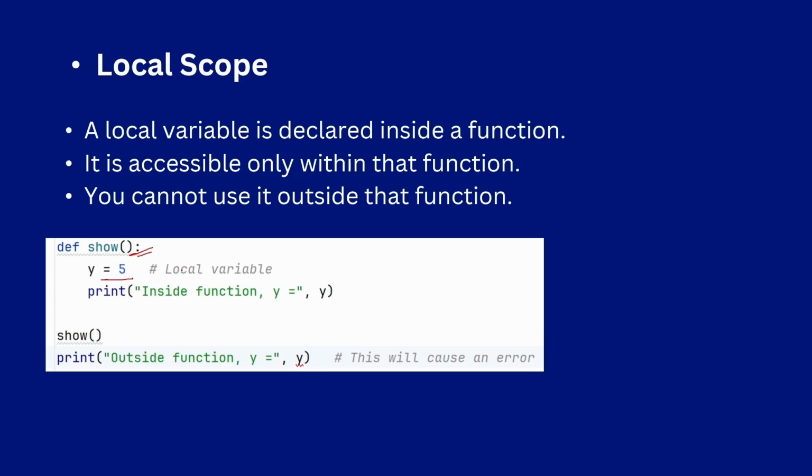So y equals 5 is the local variable, and this can be accessed only inside the function. If we try to access y from outside this function, we will get an error. The scope of this variable is limited to this function. We cannot use it from outside the function.